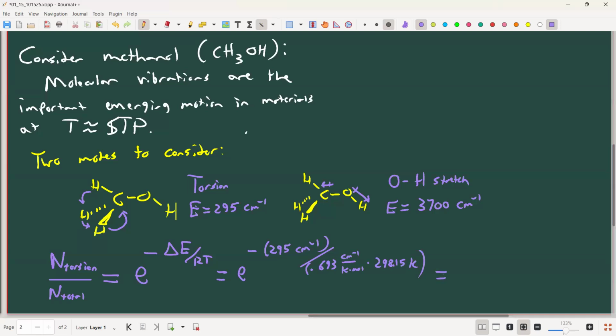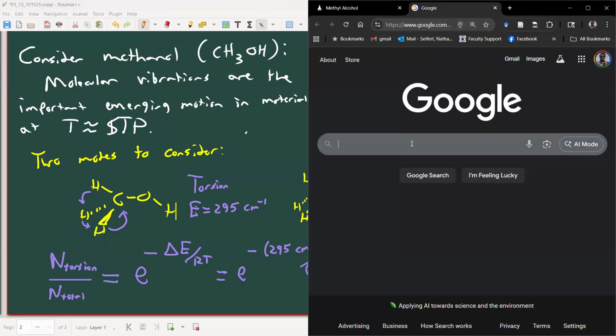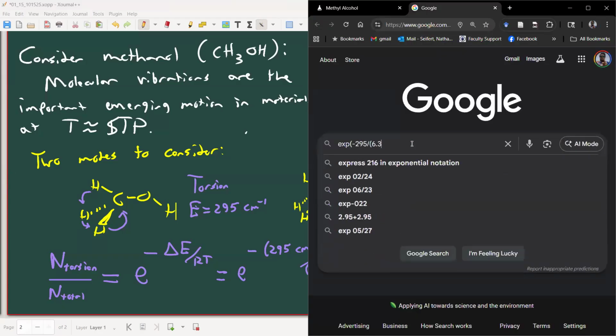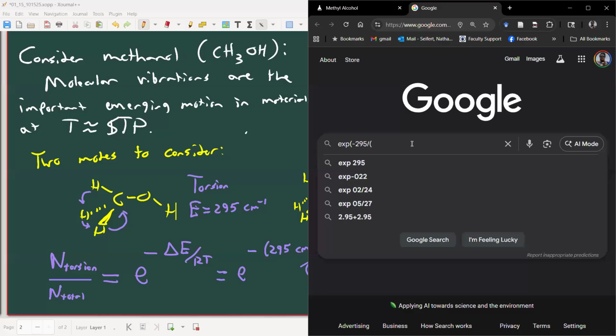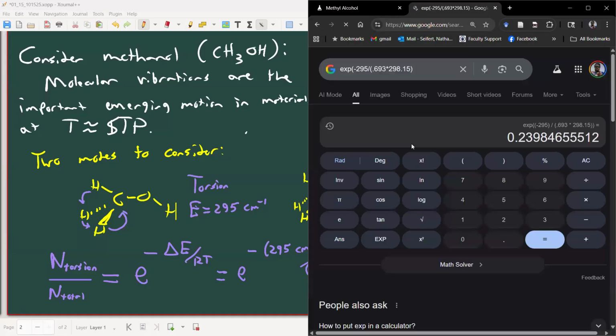Okay, so let's go ahead and calculate that. Again, I love Google. I do most of my math in the Google search bar, actually. And so what this says is that's 0.23. What this means is 24% of the molecules are torsionally excited. Pretty significant amount.